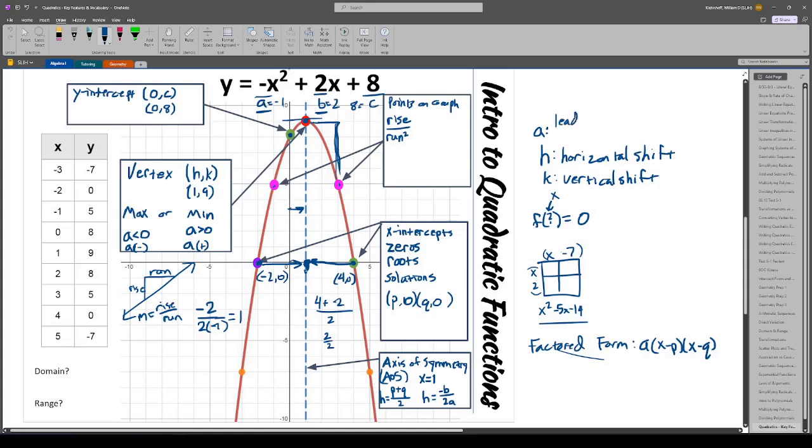It's also the same A that we had in transformations, and it represents a vertical stretch. It tells us how wide or how narrow the parabola is. So we can find that A value from a graph by looking at the rise over the run squared, but only from the vertex.